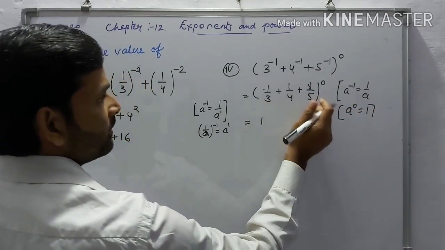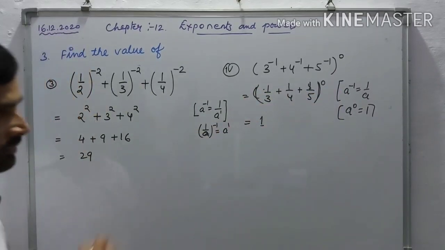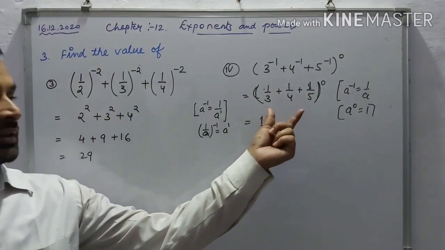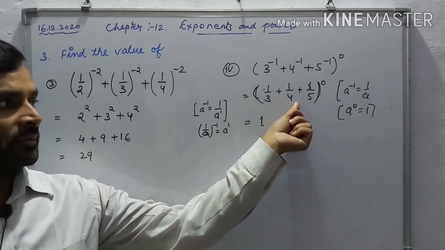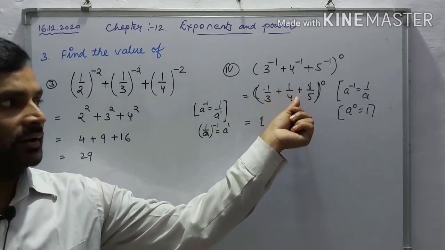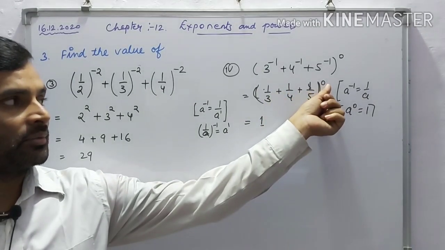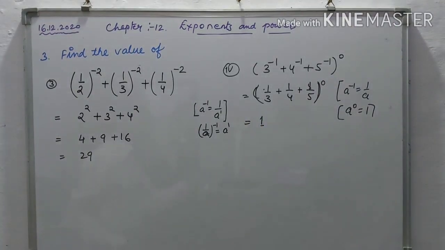The whole quantity is power of 0, which means the value of 1. After solving, you have to first find the LCM and then find the value inside the bracket. Then the bracket power of 0 is the value of 1. So you can directly write the value of 1.